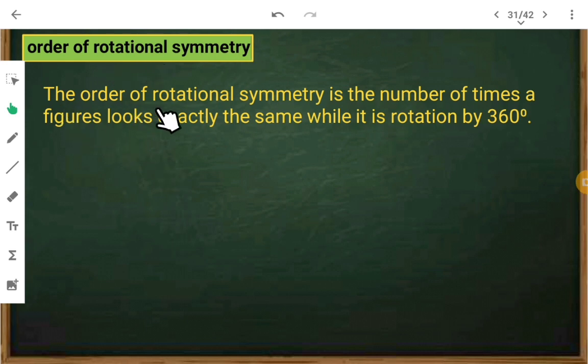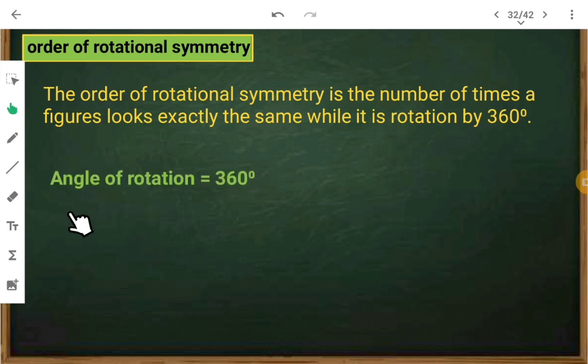The order of rotational symmetry is the number of times a figure looks exactly the same while it is rotated by 360 degrees. That is, if you are rotating the figure, you are getting the exact thing which you had at the beginning.